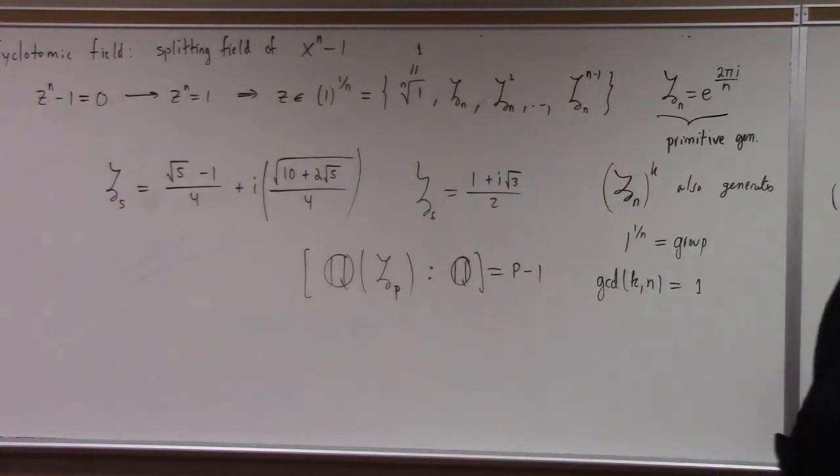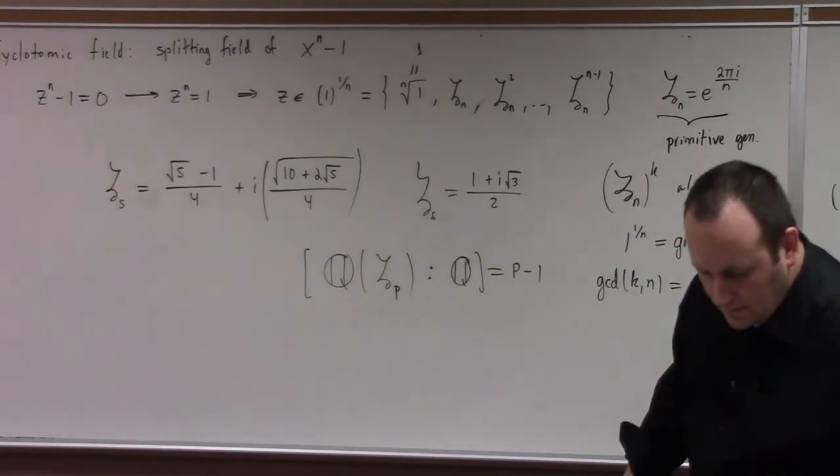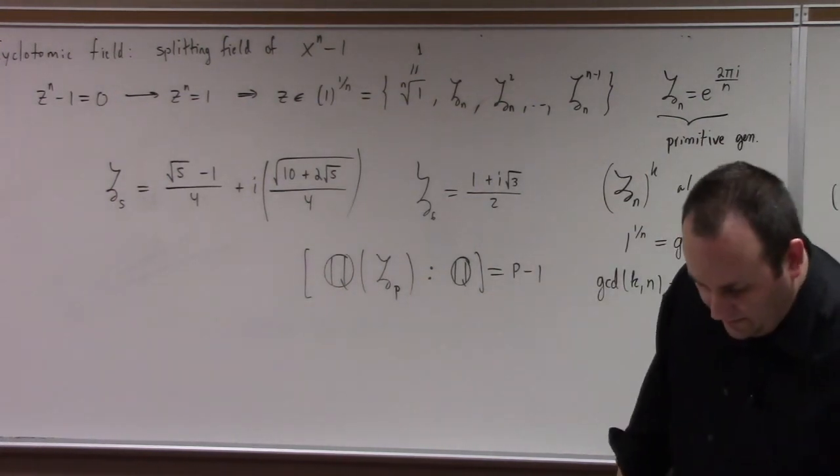Because the cyclotomic polynomial is x to the p minus 1 plus x to the p minus 2 plus dot, dot, dot. Oh, is it plus minus? I think it's plus. Oh, yeah, you're right.